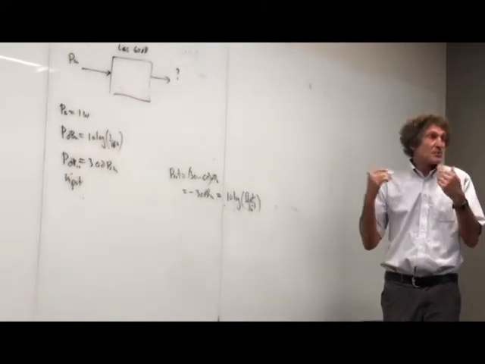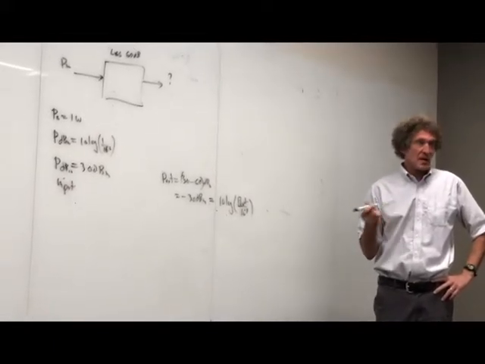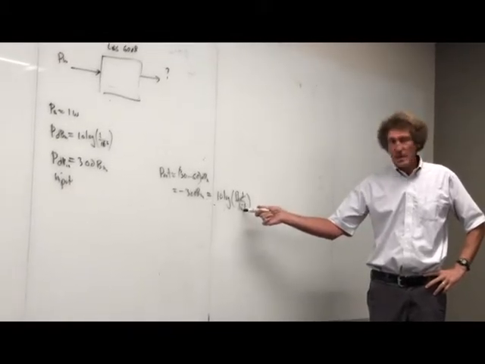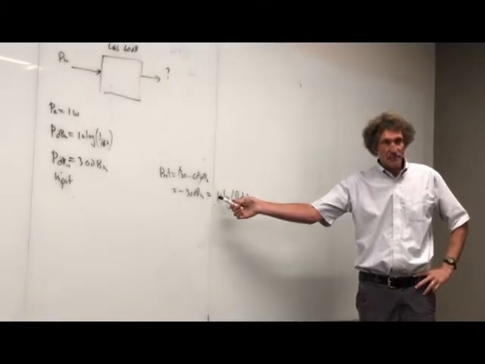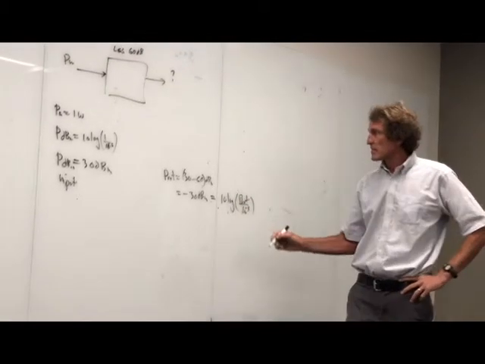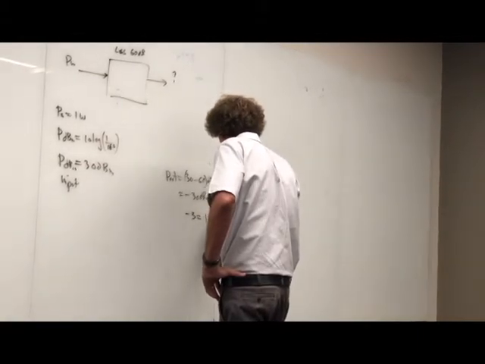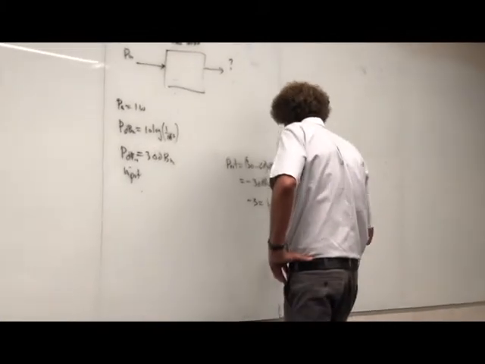Now I set it equal to the formula. I'll take the minus 30 divided by 10 first, so I have minus 3, and that's equal to the log of P output divided by 10 to the minus third.